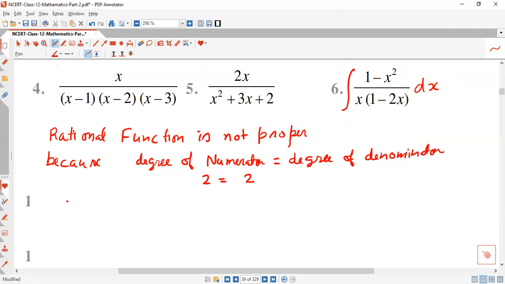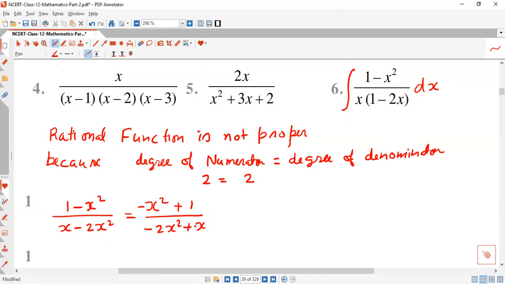So it can be written as, you see, 1 minus x square over x minus 2x square. This is not the standard form. In standard form, the power of x is always in decreasing order. Minus x square plus 1 divided by minus 2x square plus x. Okay.